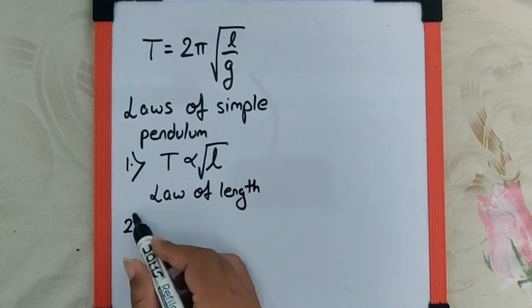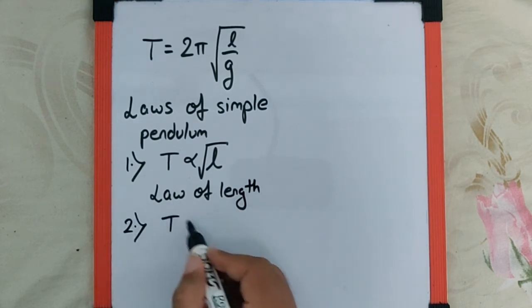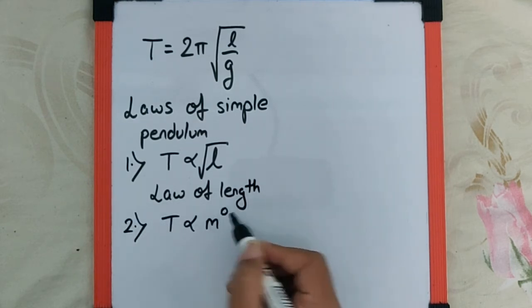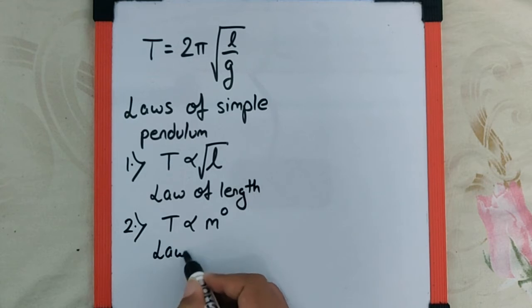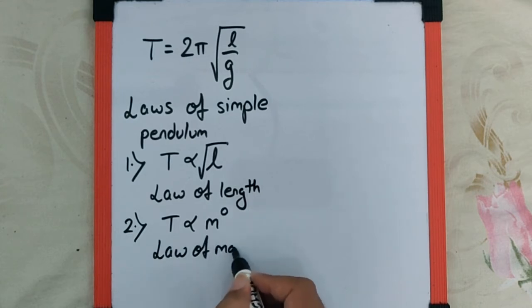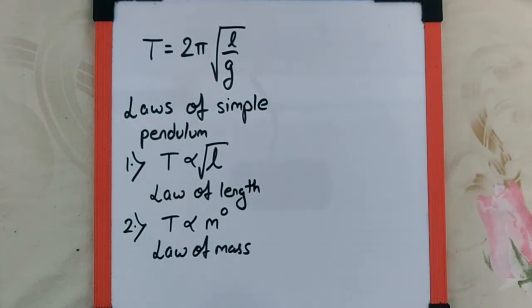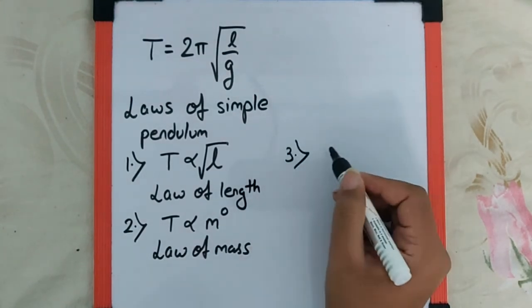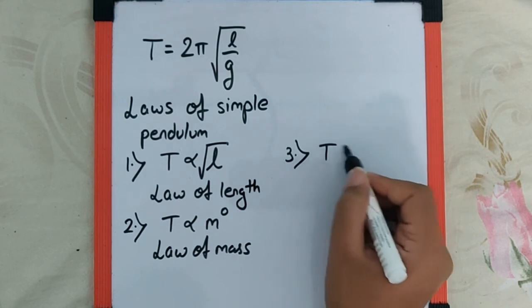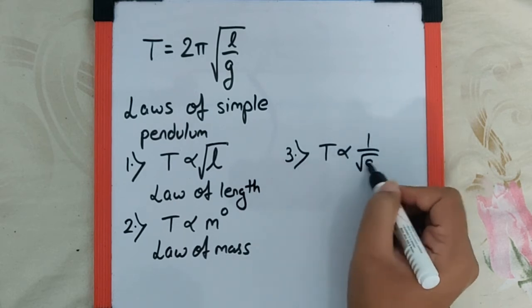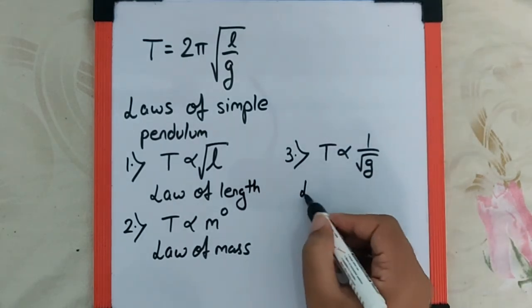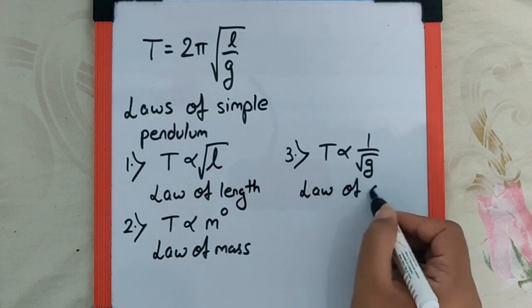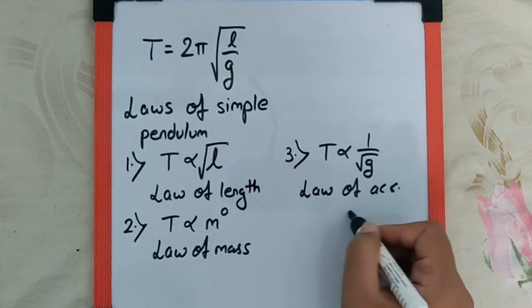Then we have the law of mass, which says T is independent of the mass of the bob, which means the mass of the bob does not make any difference in the time period of oscillation of a simple pendulum. The third law is the law of gravity, or law of acceleration due to gravity, where T is inversely proportional to root of g.